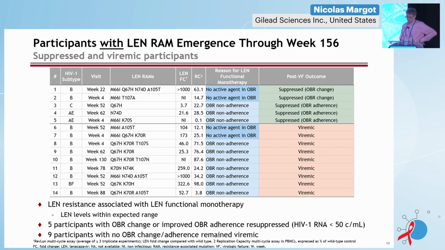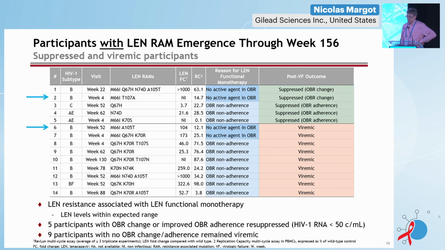So a lot of Len functional monotherapy. 5 participants had an OBR change, indicated in the last column in green. Either they had OBR change or improved adherence, and they were able to resuppress the HIV RNA, while the other 9 participants who did not have any improvement of their OBR adherence or any changes in their OBR remained viremic.